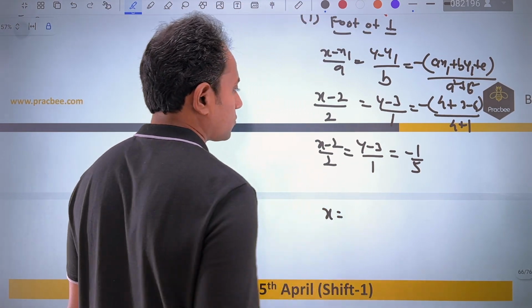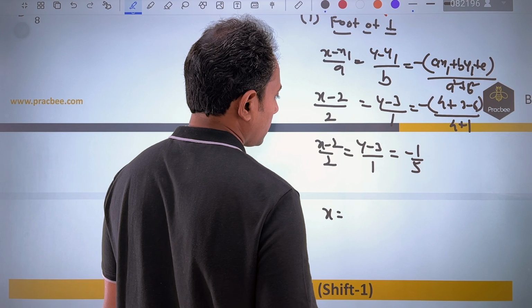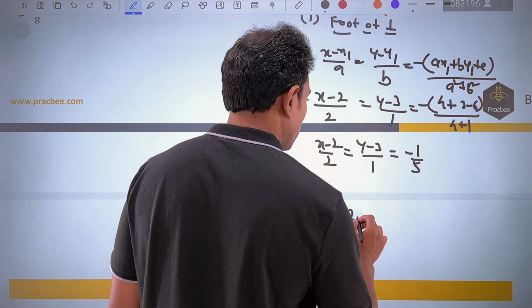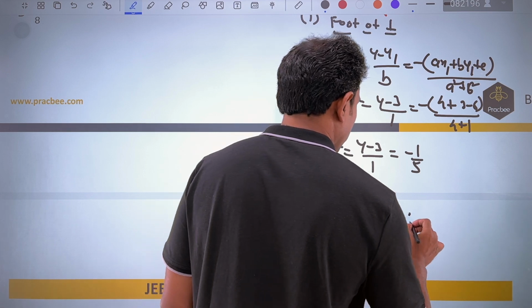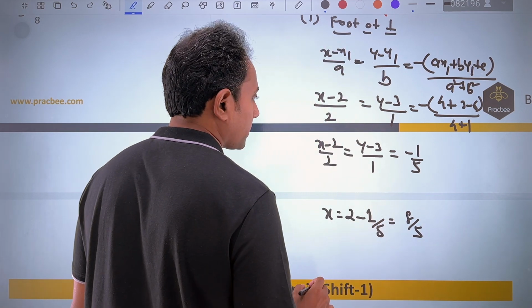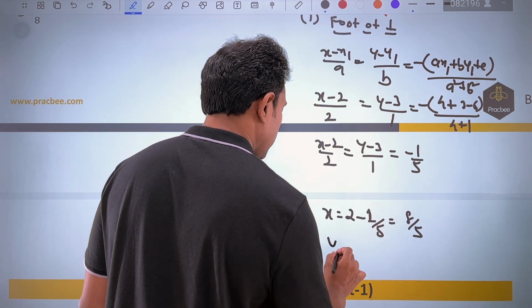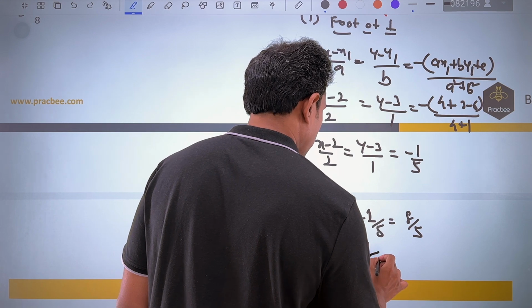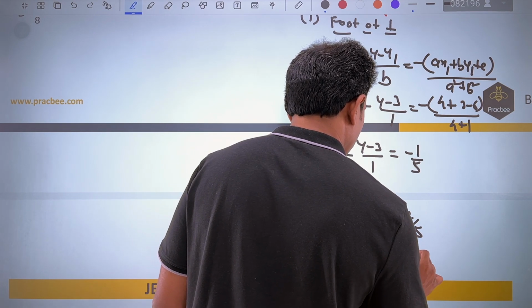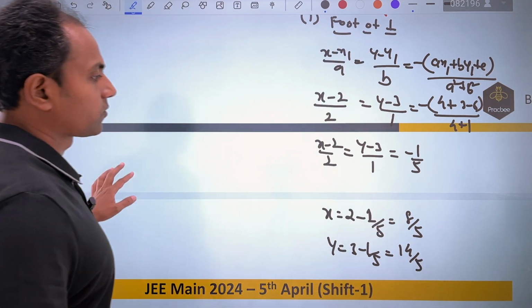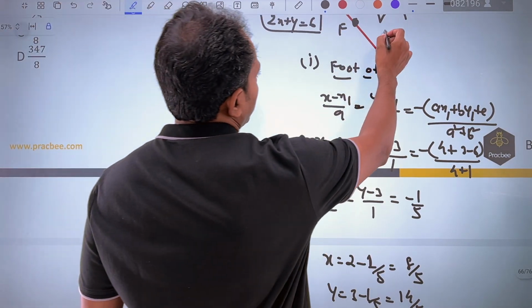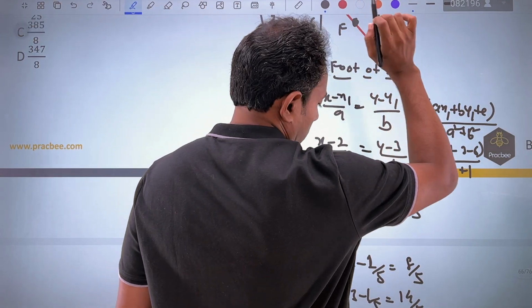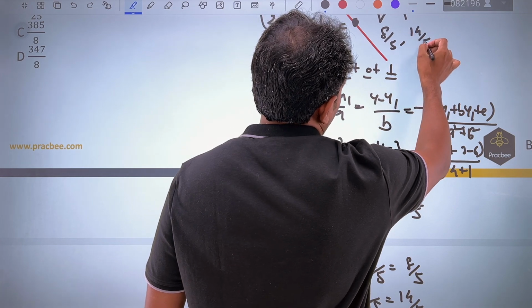The x coordinate comes out to be 2 minus 2 by 5, which is 8 by 5. And y minus 3, so y is equal to 3 minus 1 by 5, which is 14 by 5. So now we have got the foot of the perpendicular, 8 by 5, comma 14 by 5.